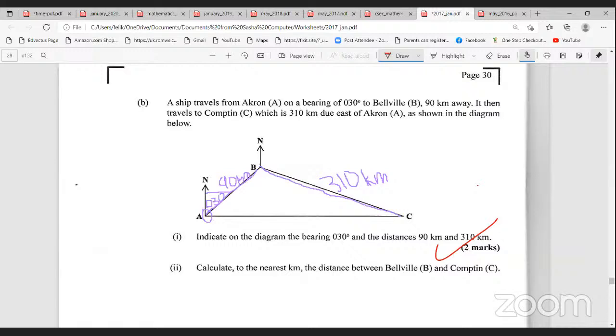Because they say calculate to the nearest kilometer the distance between Belleville and Compton. All right.